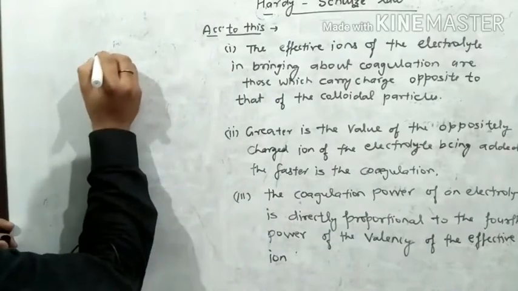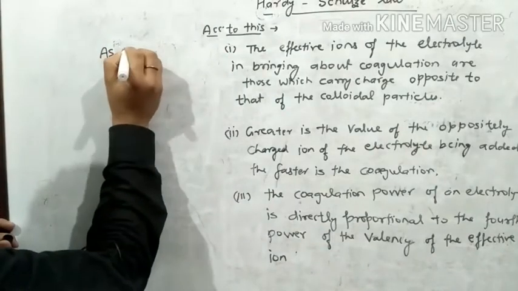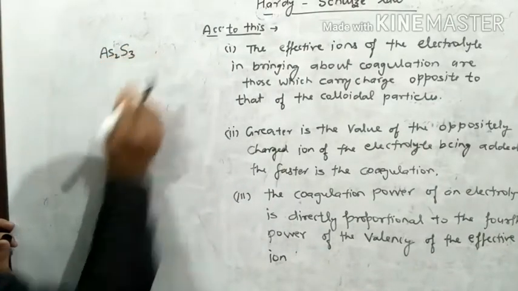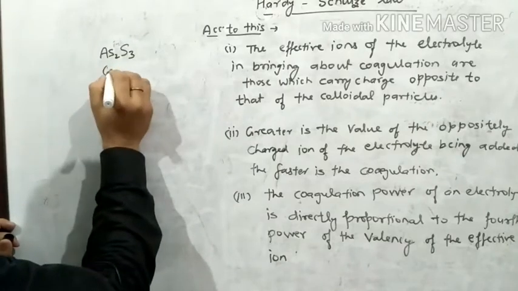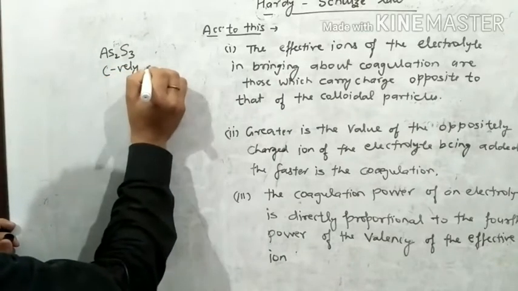As an example, if we discuss arsenic sulfide As2S3, this is a negatively charged salt.